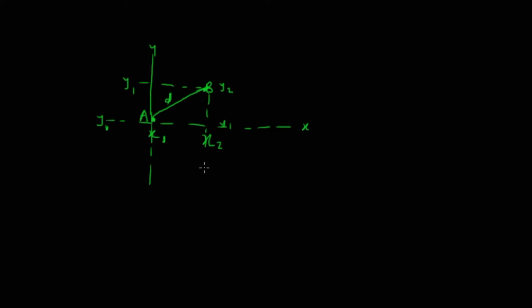In order to find the distance, we can use the Pythagorean theorem, since it forms a right angle triangle. The Pythagorean theorem says the hypotenuse squared, the hypotenuse being the longest side, which is d, so d squared, is equal to the sum of the squares of the other sides. The adjacent in this case is x2 minus x1, let's call it L, so x2 minus x1 squared, plus the other one, which is y2 minus y1, let's call it h.